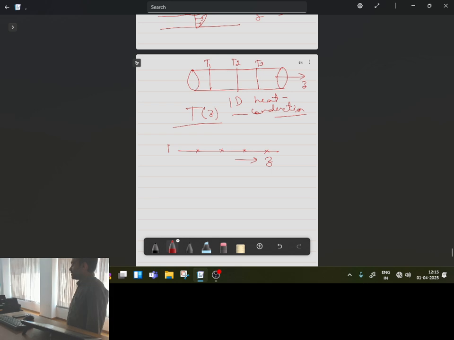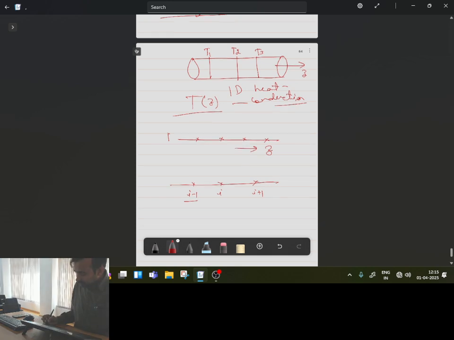Is this one clear? So this type of approximation is called as one-dimensional flow approximation. And in the 1D approximation, if I consider that my one-dimensional grid is something like this, arbitrarily, if this is my point i, this will be point i plus 1 and this will be point i minus 1. Is this one clear?